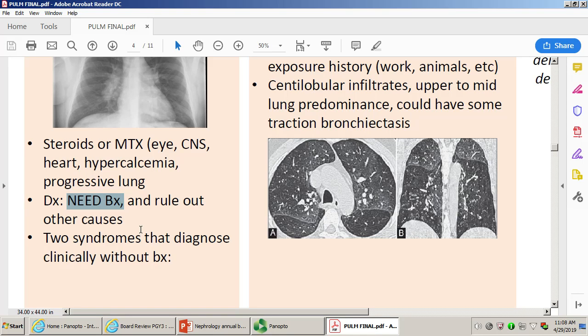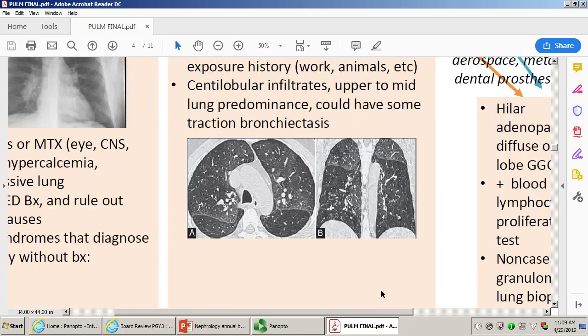Right, Heerfordt's, which is the uveoparotid glandular syndrome. So those are the two where you can say, I feel comfortable saying this is sarcoid. And at least with Lofgren's, it will resolve and go away.